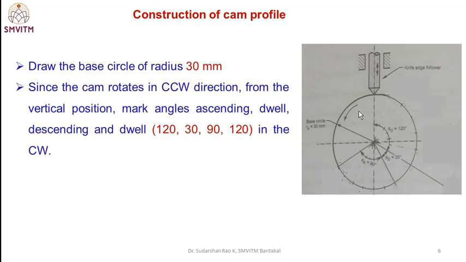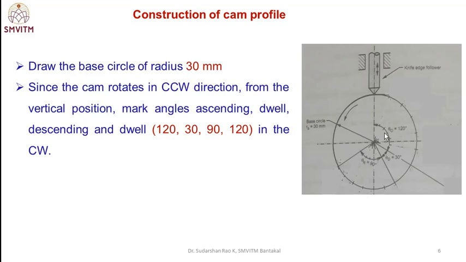Since the cam rotates in the anti-clockwise direction, mark the angles in the clockwise, opposite direction, from the vertical position, that is the vertical line O0. From this vertical position, mark the angles: ascending 120 degree, then dwell 30 degree, then 90 degree descending, and the remaining 120 for the dwell.